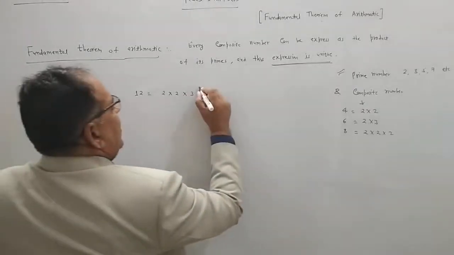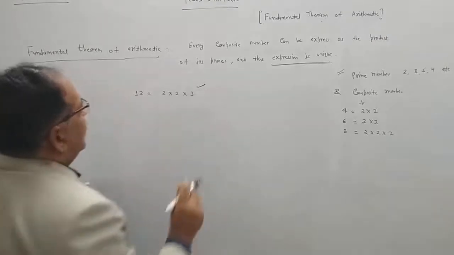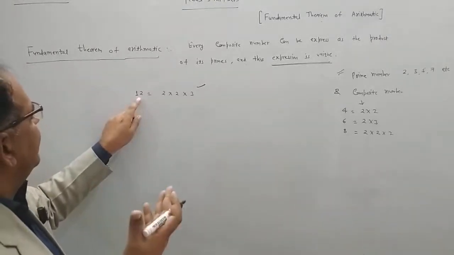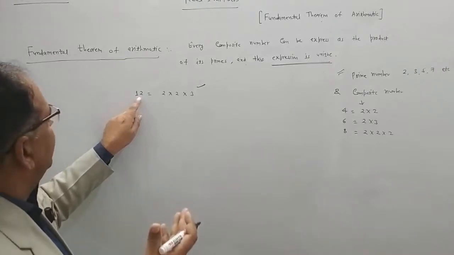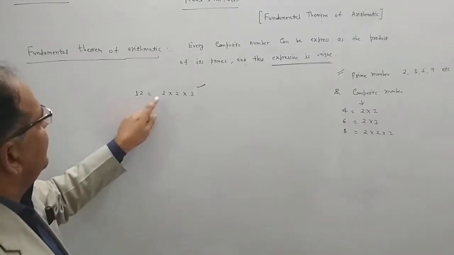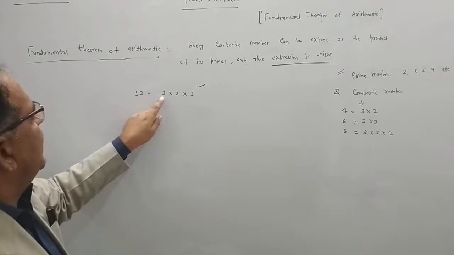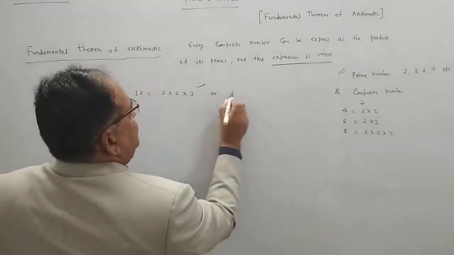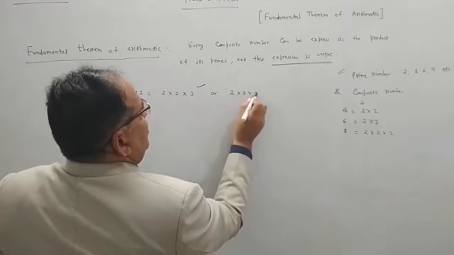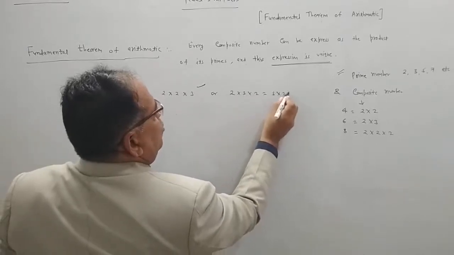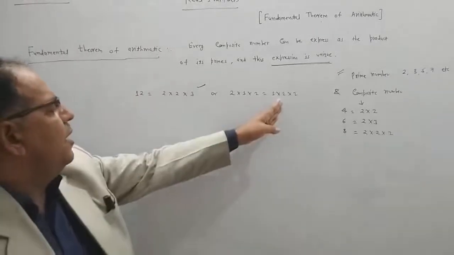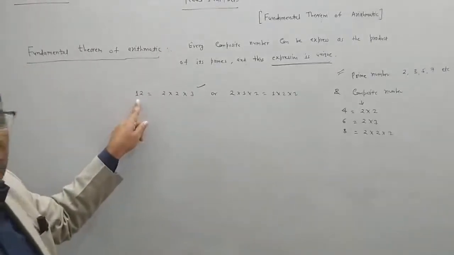This expression is unique, because however many times we factorize 12, we get only 3 primes: 2, 2, 3, or 2, 3, 2, or 3, 2, 2. So these 3 primes are already available in the factorization of 12.